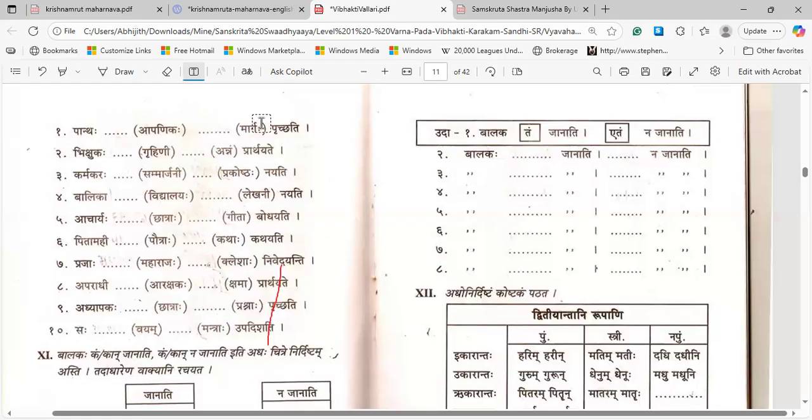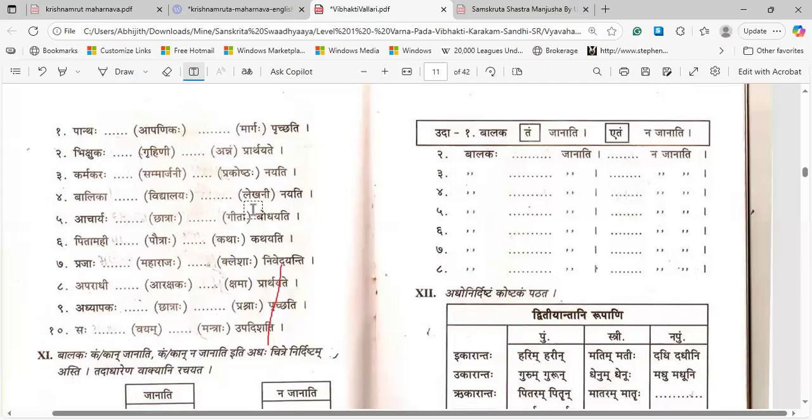Apanikam margam, the way to the store, the store's path. Which path? The path of the store. So there is a relation between these two. Not all the time is it Shashti, but most of the time we can frame it that way.